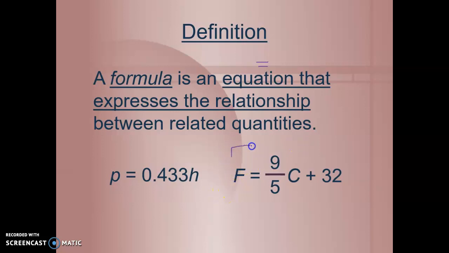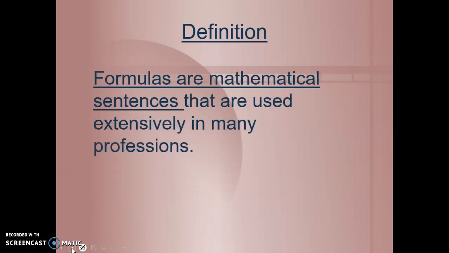Do you know what this is the equation for? This is the formula for converting Celsius to Fahrenheit. It's a known equation that expresses a relationship between Fahrenheit and Celsius. Formulas are mathematical sentences that are used extensively in many professions, like science, but in other fields as well.